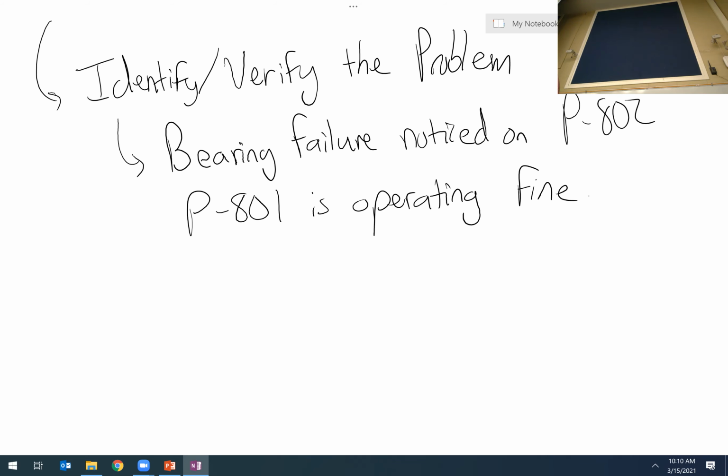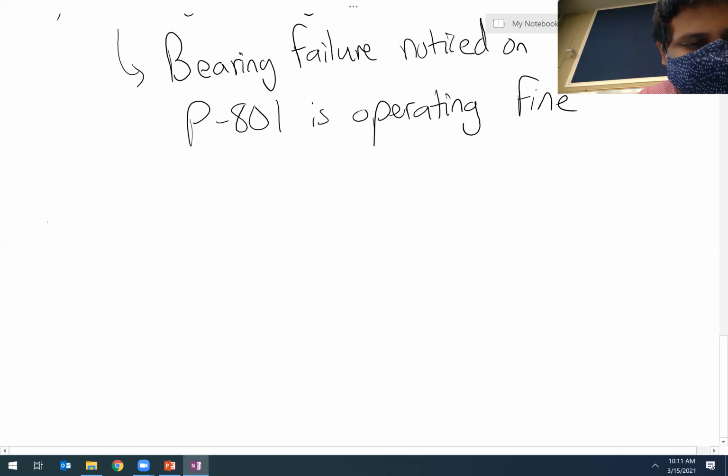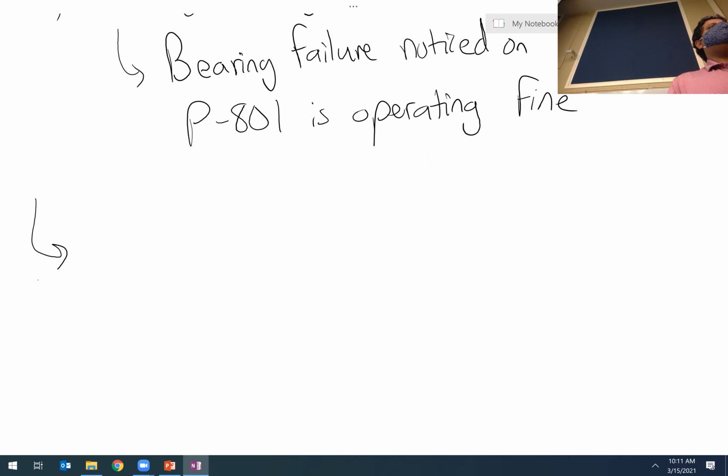Step two. Once we identified the problem, verify process conditions.